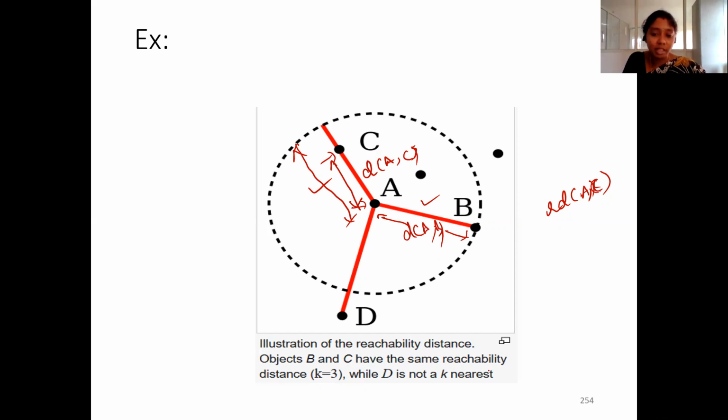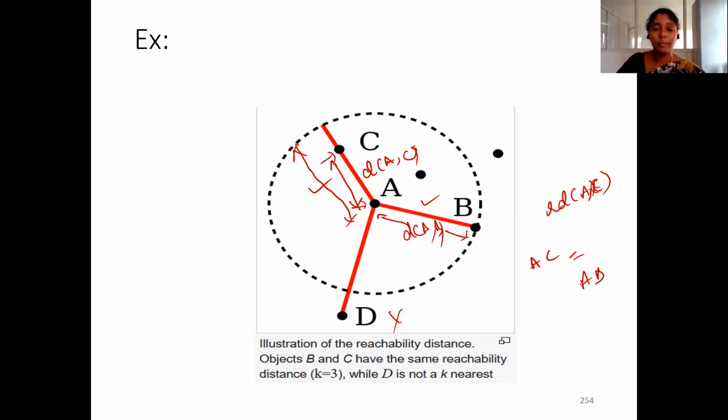Objects B and C have the same reachability distance, where k is equal to 3, and D is not a k nearest neighbor, so we need not consider D. The reachability distance between A and C is equal to the reachability distance between A and B, even though the original distances AB and AC are different.